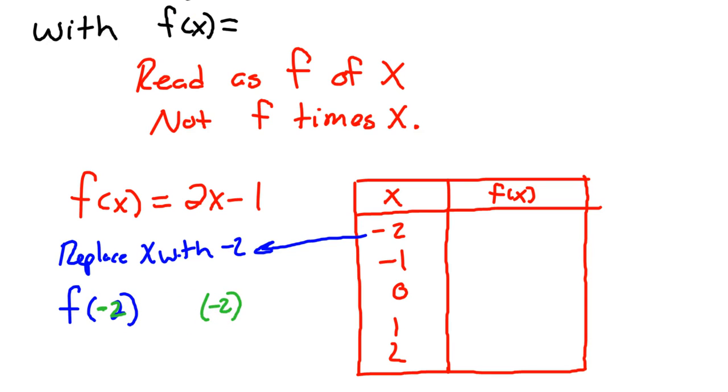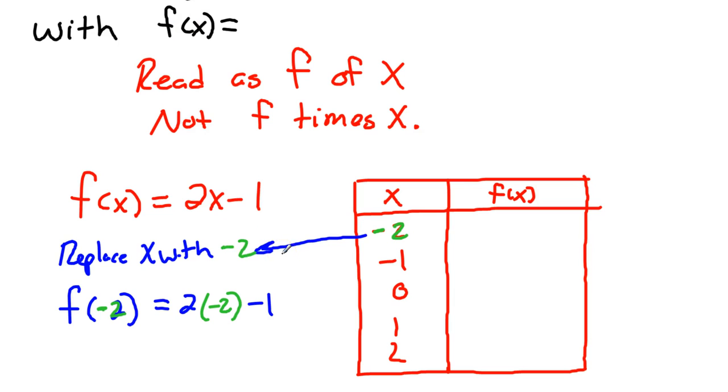And then here we'll plug in the negative 2. And from there, just work it out.